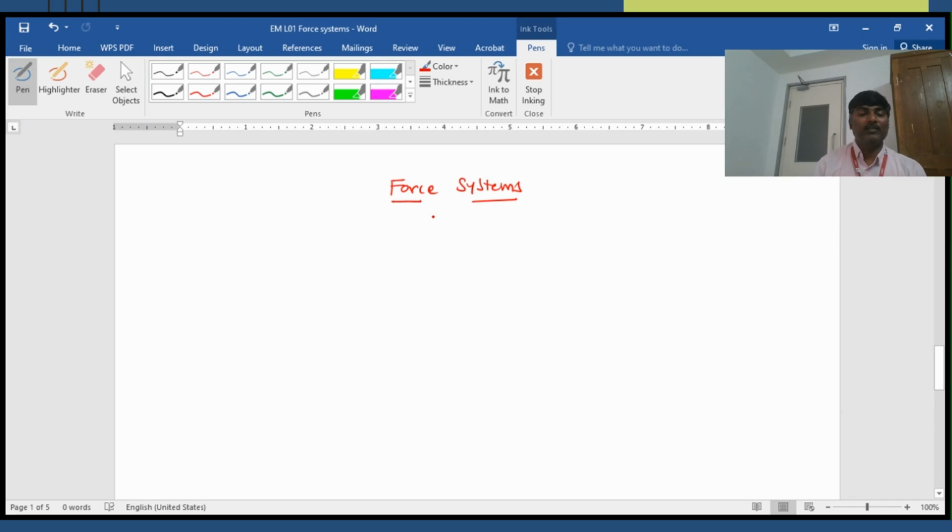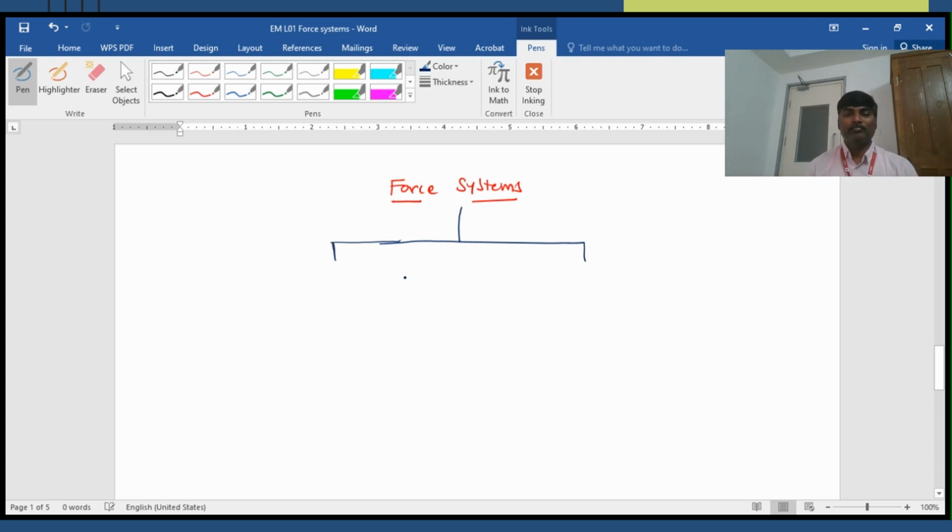Okay, so if there are a number of forces acting on a body, how do you categorize this? The categorization is based on many factors, but the categorization we are considering now is based on the plane of action.